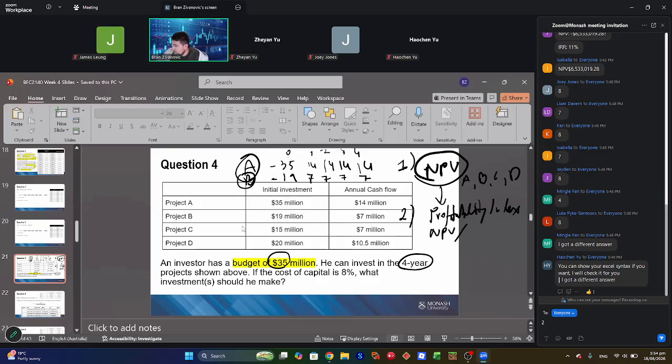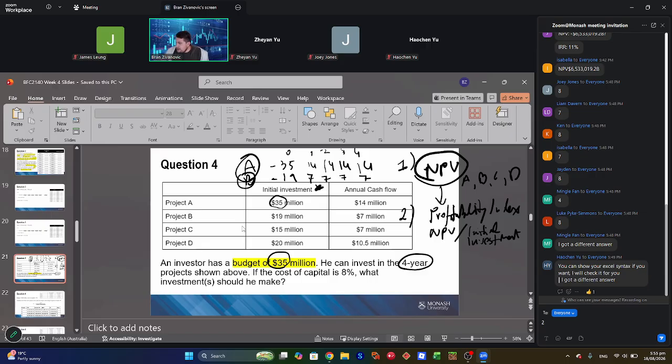So in Project A, for example, that's 35 mil. In Project B, that's 19 mil. So it takes the net present value from step 1 and divides it by the initial investment given to you in year 0.